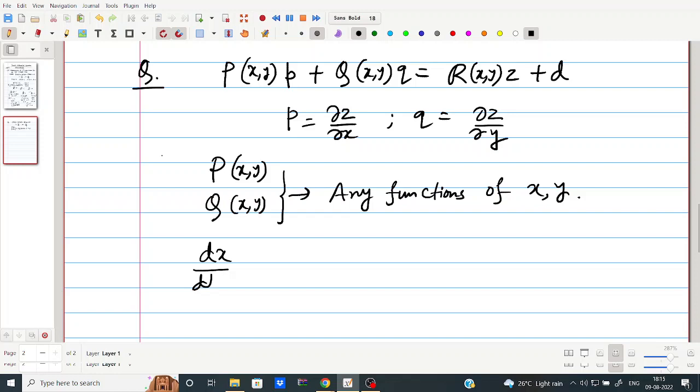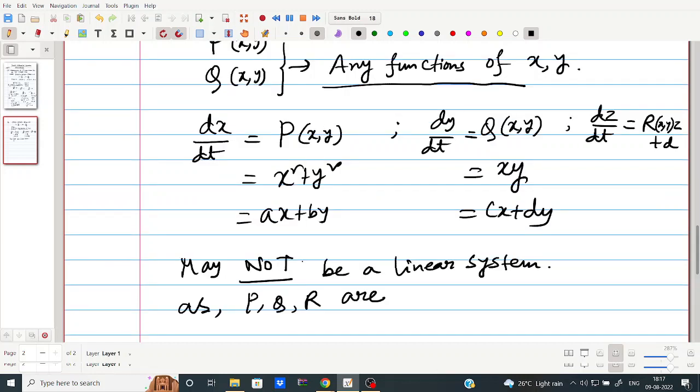So my conclusion is this may not be a linear system, because P, Q, R are any functions of x comma y. Okay. So this asserts that statement Q is also false.